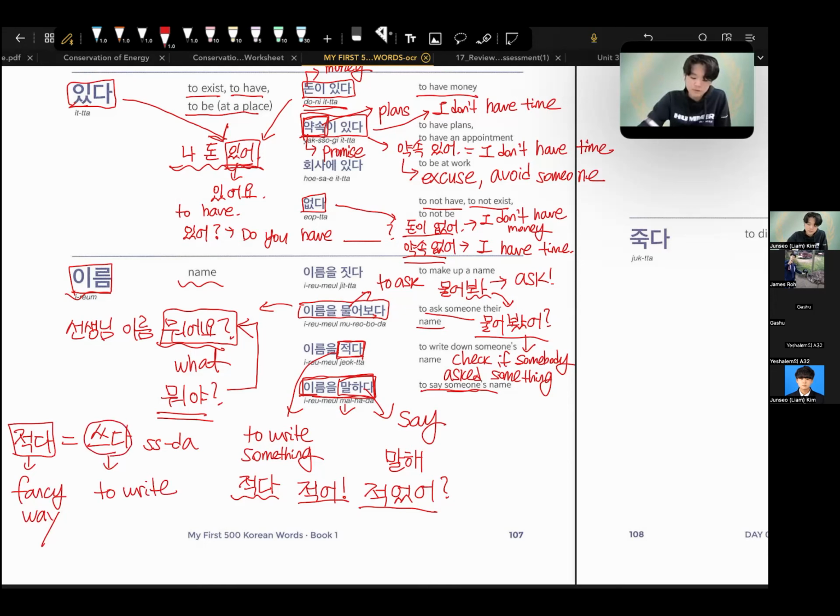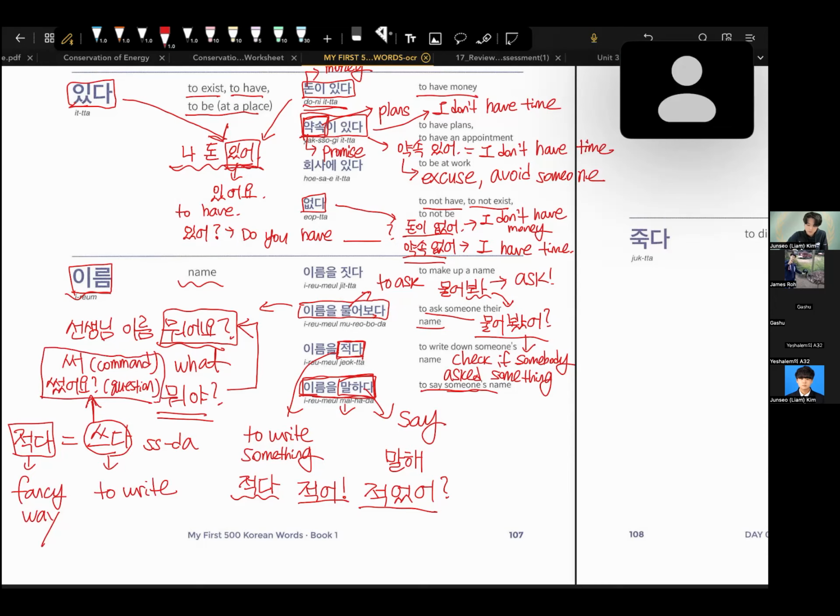In a conversation, it becomes 써. Command, 써, write down. Or 썼어요? Did you write? That's a question. 쓰다 becomes this form in conversation.